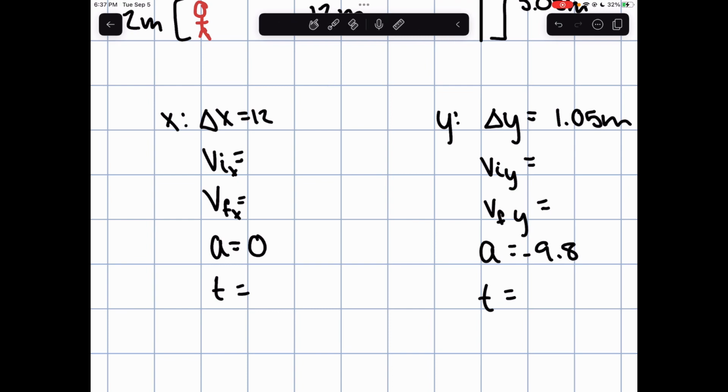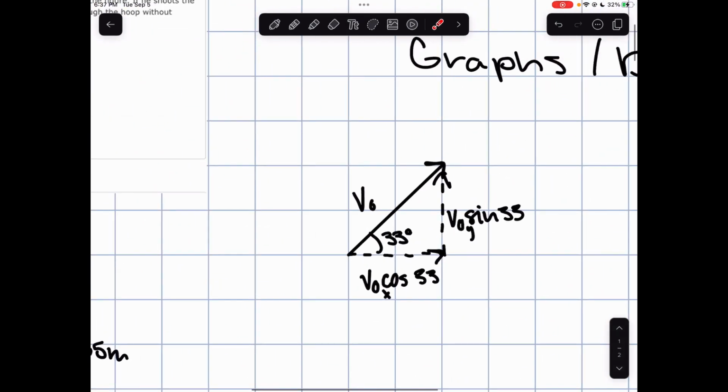Let's start by drawing a vector diagram. V naught is the vector, and V naught x, which is in the x direction, and V naught y are our vector components. So we're going to use trig to find the initial velocity in the x direction and the initial velocity in the y.